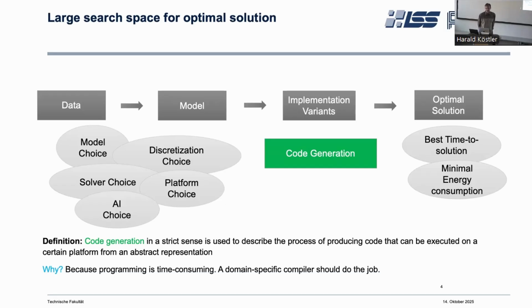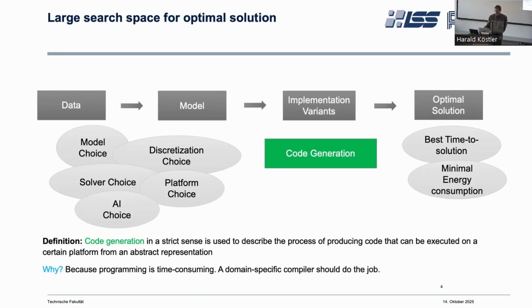So there's a lot of things that you have to choose. And from all of these variants, you then want to produce, of course, the best time to solution, or also maybe the minimal energy consumption code. So that means what is now code generation for us? It's basically the process of producing code that we can then use to execute on a certain platform.